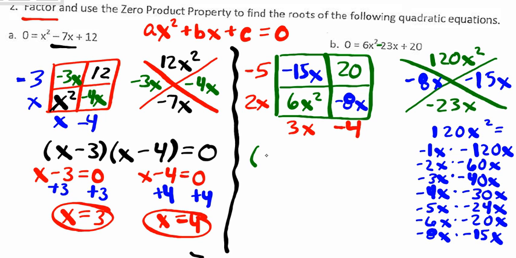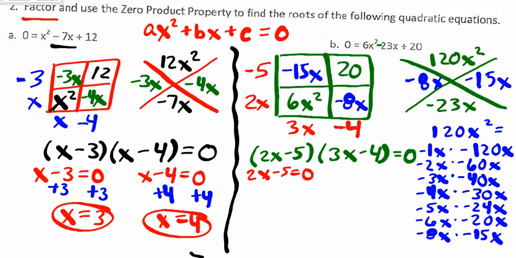So we're going to write it out as 2x minus 5 times the quantity 3x minus 4 equals 0. So this is the equation as a product. Now we have to solve these. So we've got 2x minus 5 equals 0. I'm going to add 5 to each side of my equation.